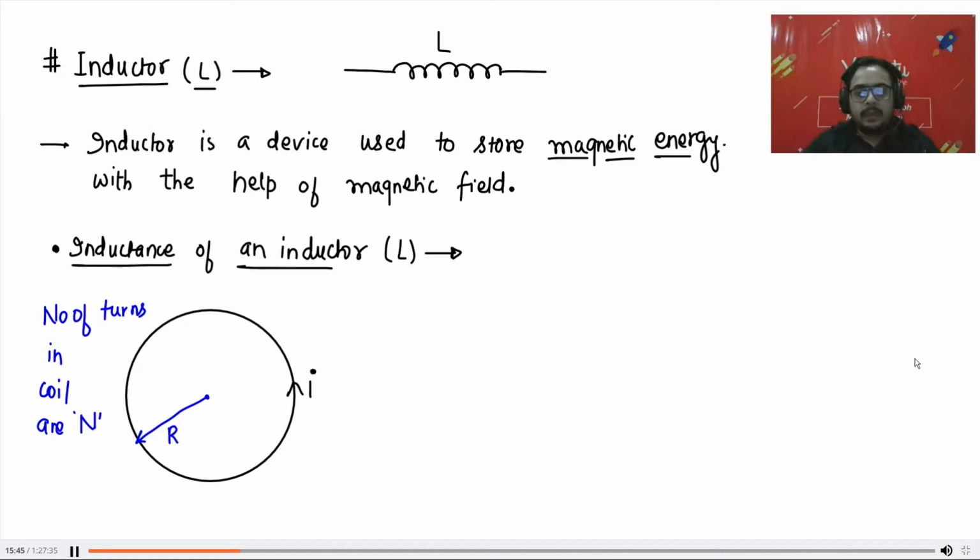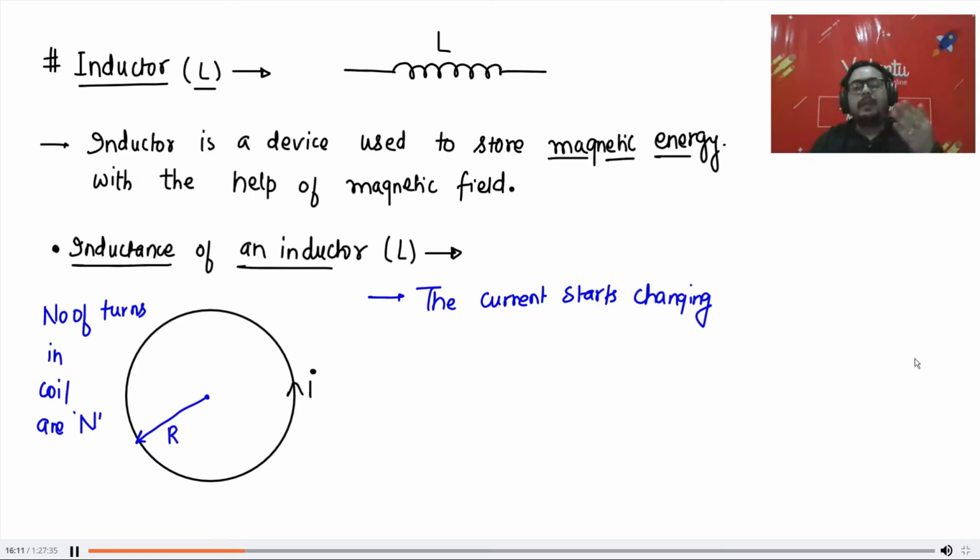Now if the current starts changing, will the magnetic field generated by this loop start changing? If the current changes in this loop, the magnetic field generated by this loop will also change.